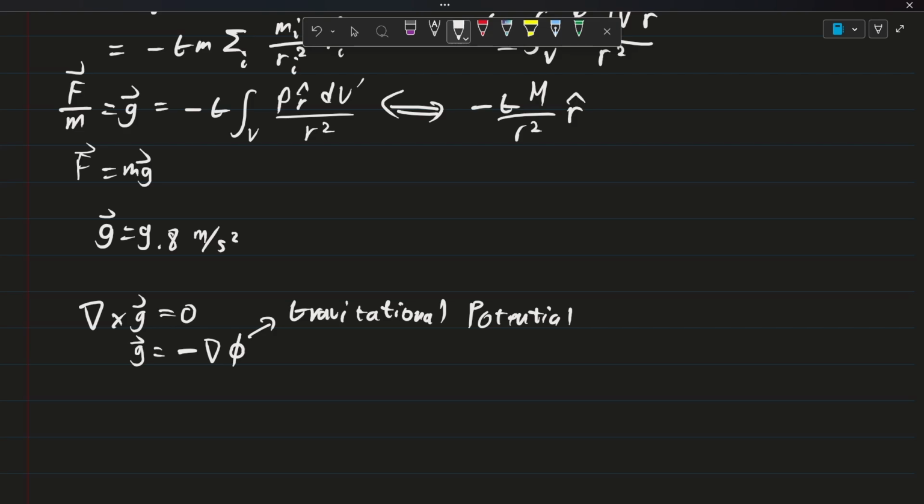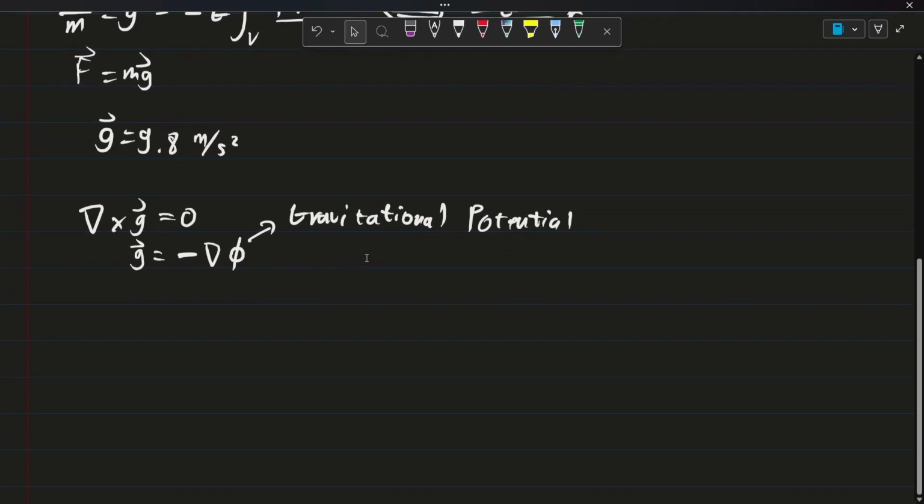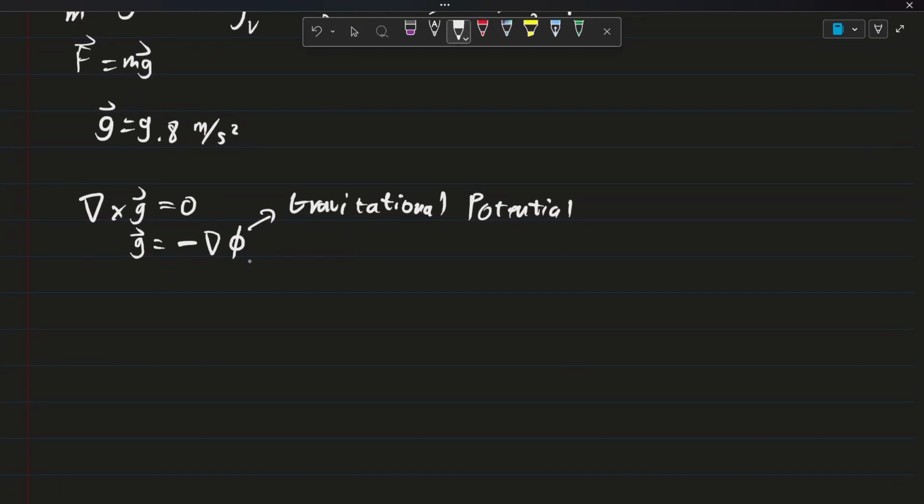So trying to solve this for a singular particle, you could just stare at it, and you could figure out that this function is negative GM over r. And if you think of this in terms of multiple different particles or in continuous media, it's just negative G integral of rho dV prime over r.